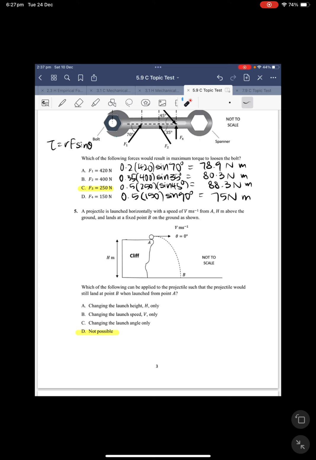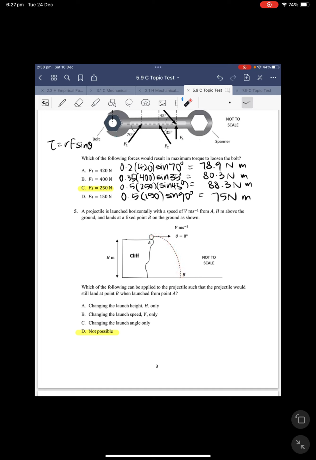If we change the launch angle, if we change it up, it might follow a trajectory as such. If we only change just any one of those factors, that's not going to allow us to keep the same exact range B. We have to change one or more.